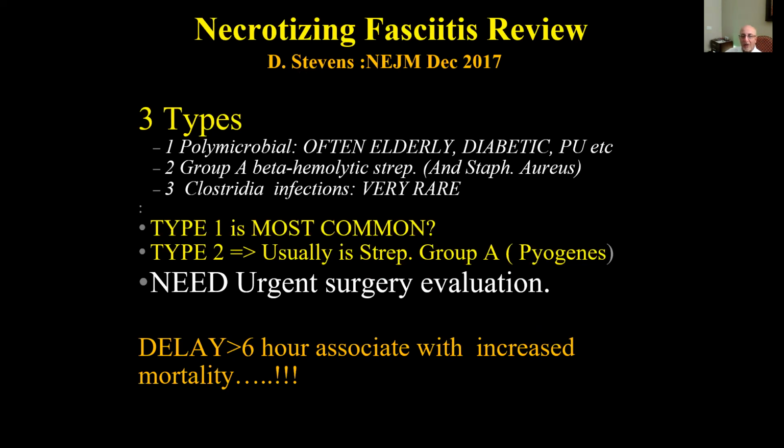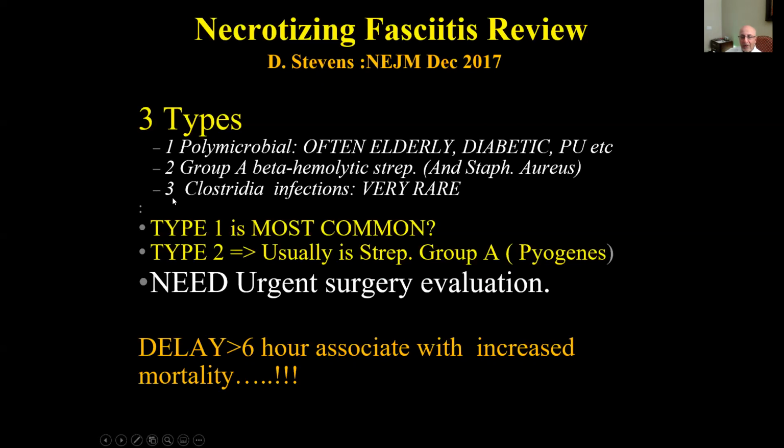Type 1 is considered to be polymicrobial and may have gram-positive and gram-negative organisms found on the culture or gram stain. These generally occur in elderly patients or diabetics or patients with pressure ulcers. Type 2 necrotizing fasciitis is generally considered to be group A strep or strep pyogenes, and staph aureus and vibrio.